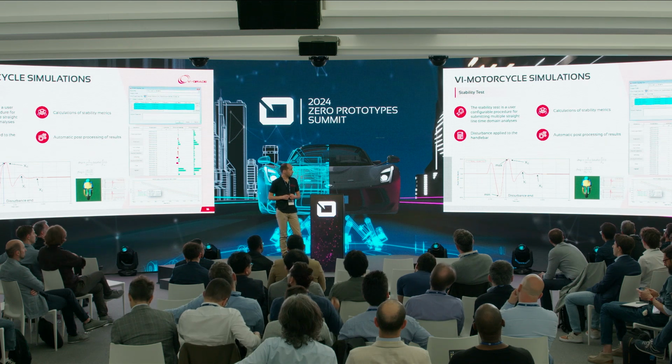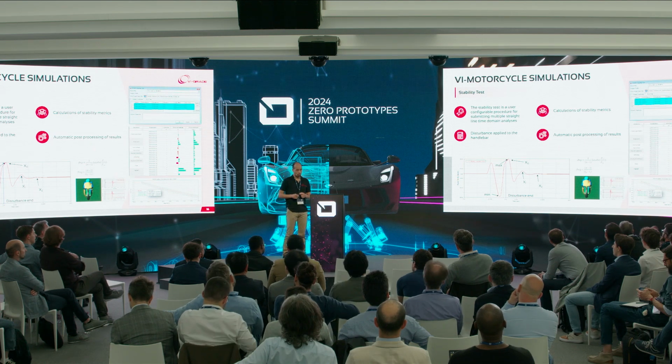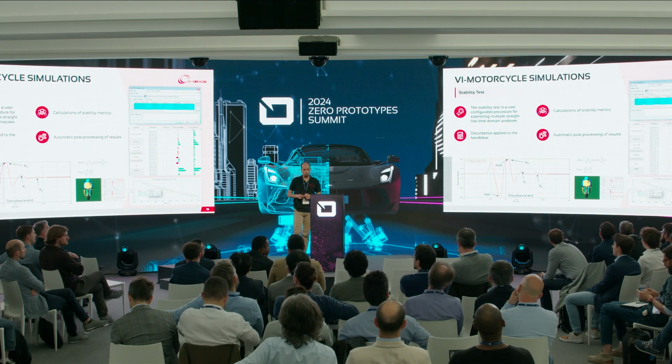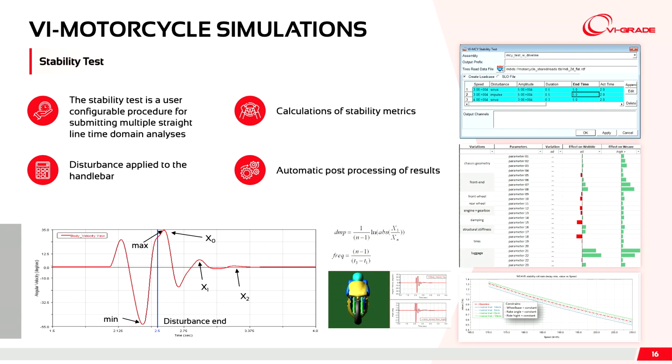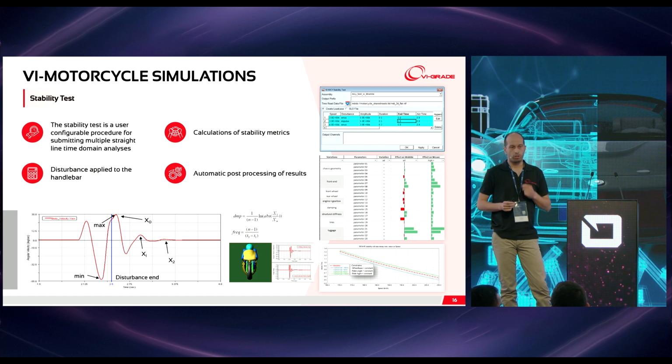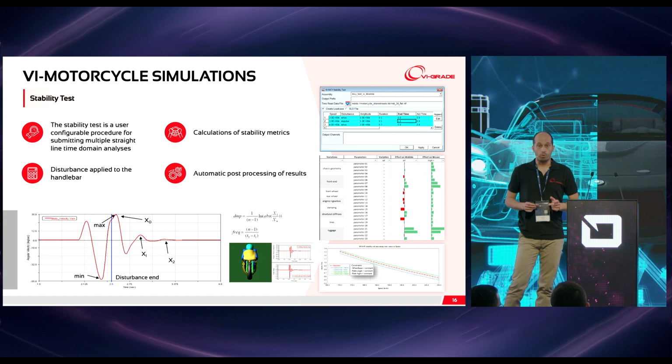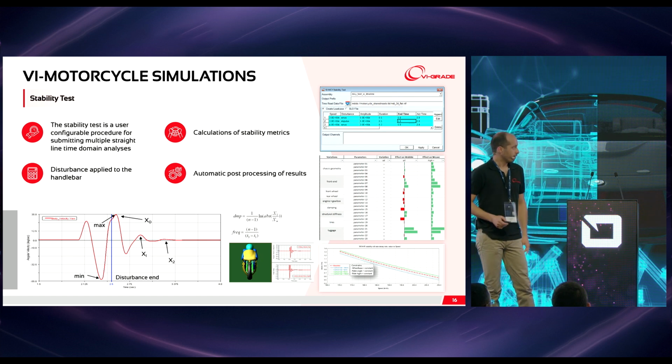Moving to other analyses in VI-Motorcycle, it's a pretty good software to run stability tests, to check the stability of the motorcycle. In this stability test, you can apply external disturbance to the steering by applying a sinus or an impulse and measure the stability of the motorcycle, evaluating some default metrics that VI-Motorcycle provides, or you can create your own metrics.